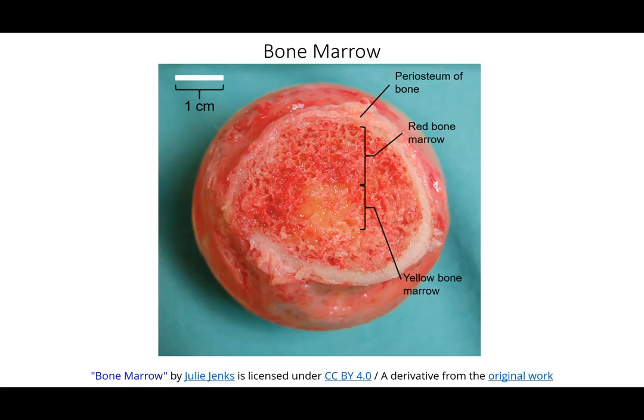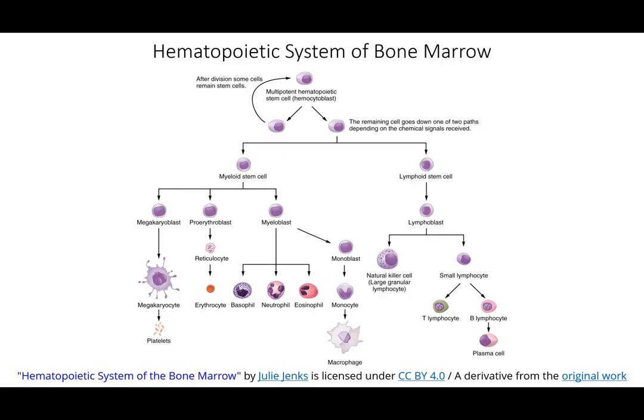And so bone marrow is one of our main primary lymphoid organs because it is the site where we are doing hematopoiesis. And so this is primarily located around that spongy bone tissue again. And so this is going to be that site of blood production. So that red bone marrow is found in a lot of our different bones throughout the body.